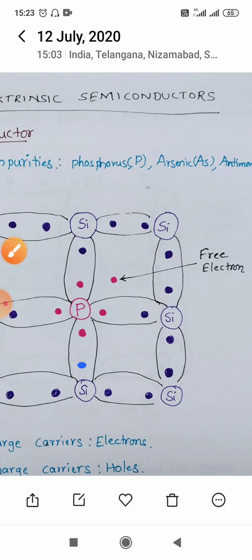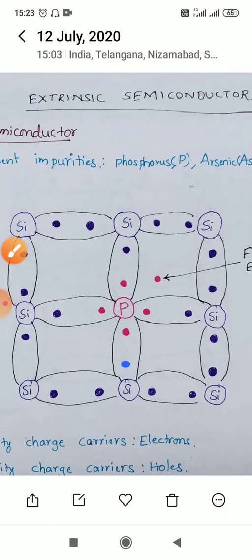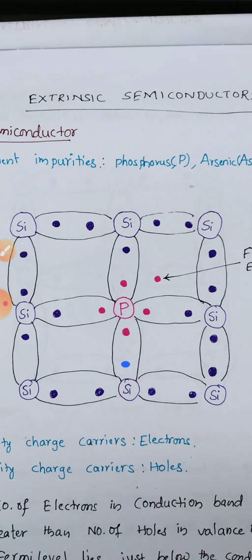So like this, if you add a small amount of phosphorus impurity to a semiconductor, it can generate millions of free electrons, because a small amount contains millions of phosphorus atoms.